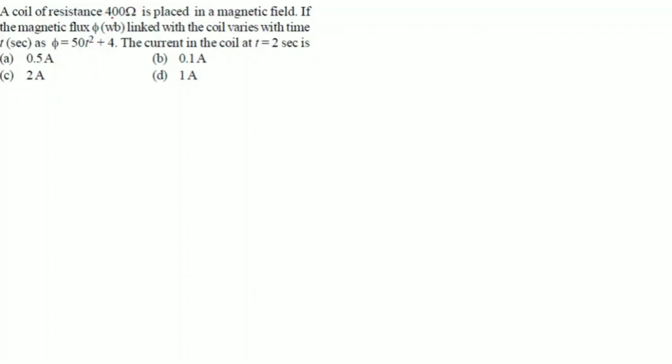A coil of resistance 400 ohm is placed in a magnetic field. If the magnetic flux phi linked with the coil varies with the time t as phi equal to 50 t square plus 4, the current in the coil at t equal to 2 second is.